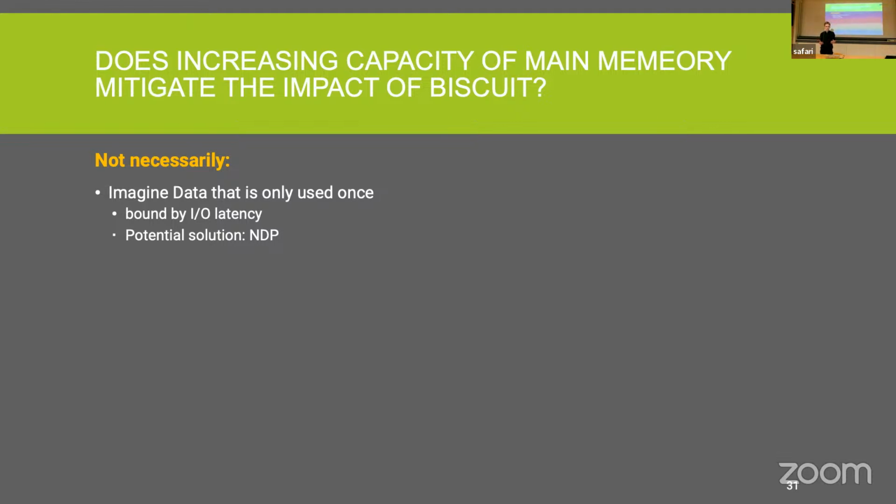So it still makes sense to offload such tasks to the storage with near data processing, even if you have arbitrarily large or high-speed main memory available. Does that make sense? Yeah, totally.